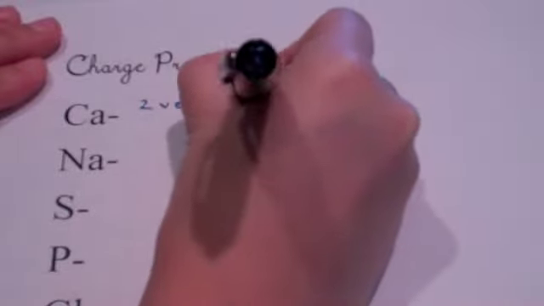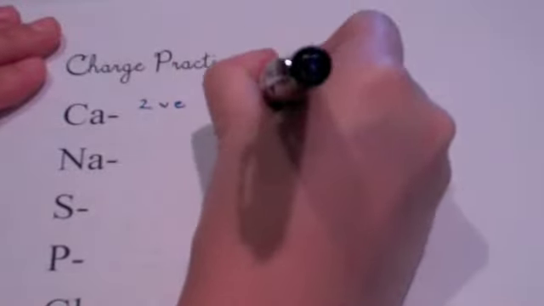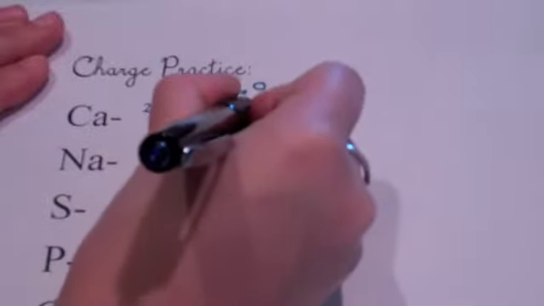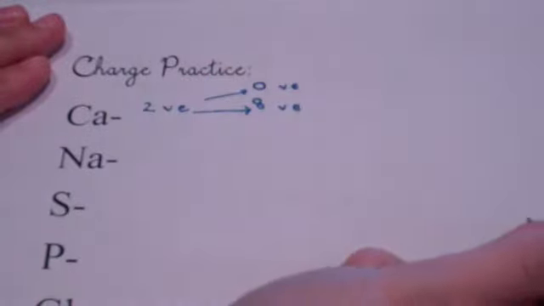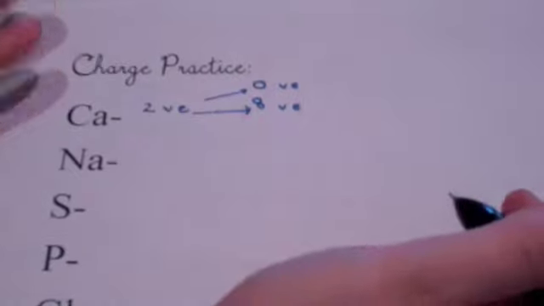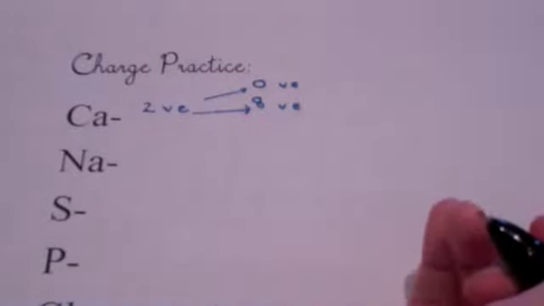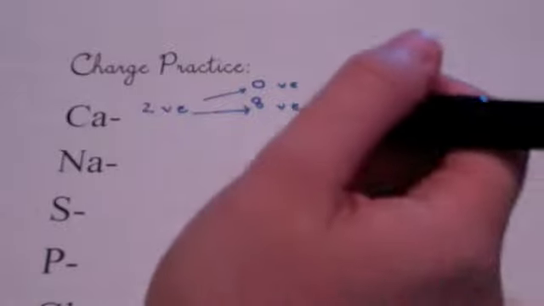So if I have 2 valence electrons, and in the end, when I create my ion, I either want 0 or 8 valence electrons, what you need to ask yourself is, which one's easier? Losing 2 or gaining 6 in order to get 8. Well, losing 2 is easier than gaining 6 because you want to deal with the fewest number of valence electrons. Here's the tricky part.